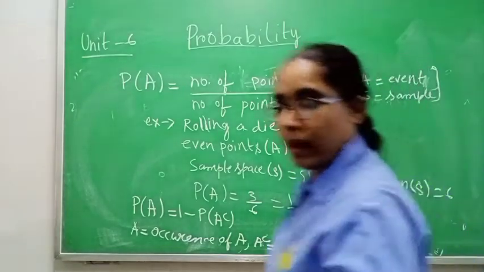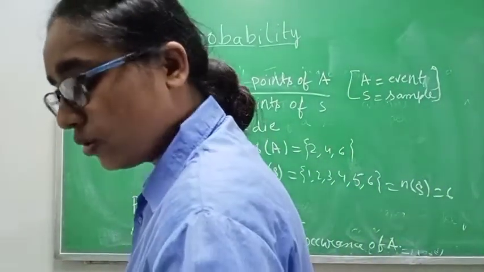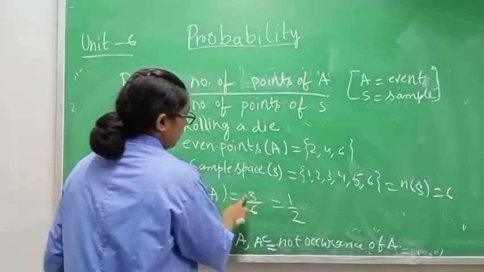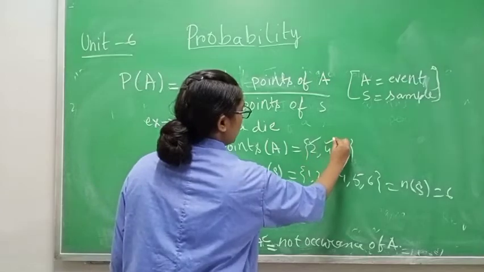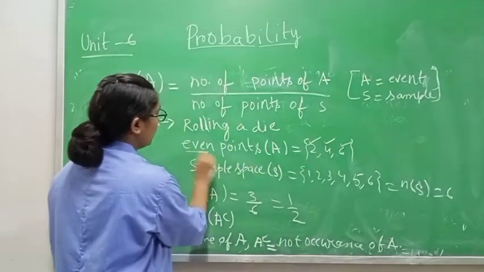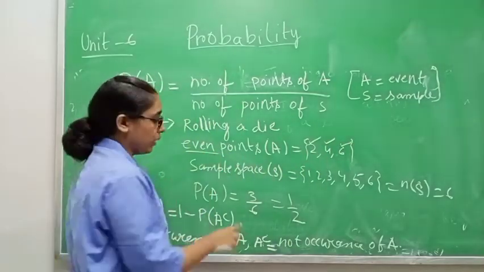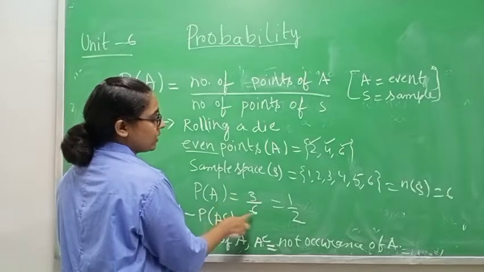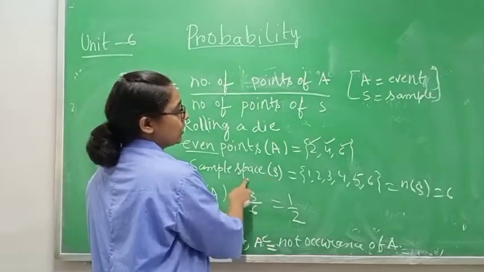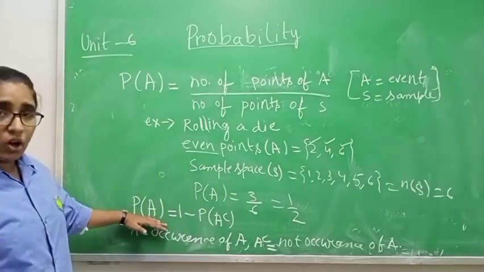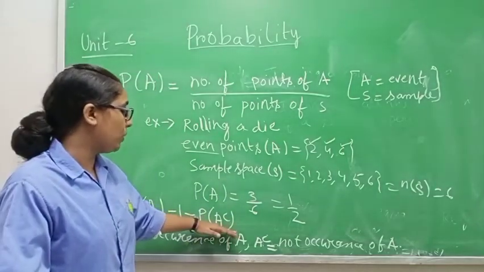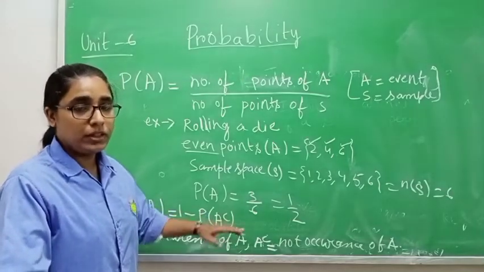So the probability of A equals how much? The event A to occur, 2, 4, 6, means either 2 will come, 4 will come, or 6 will come, because I am telling you even points only, not odd points. That is why I have written 3 by 6, where 6 means the total sample space. So it is 1 by 2. Now the probability of A occurring equals 1 minus the probability of A complement, which is not occurring.